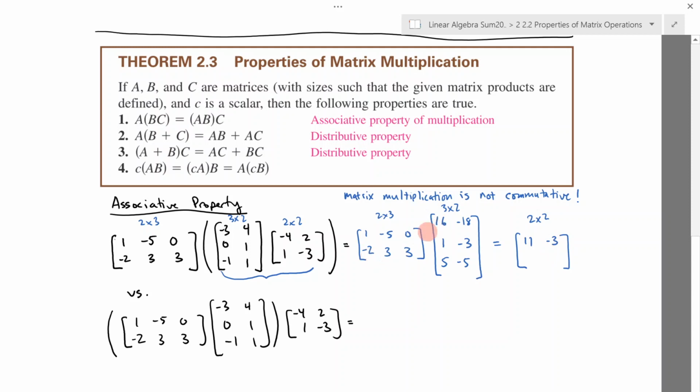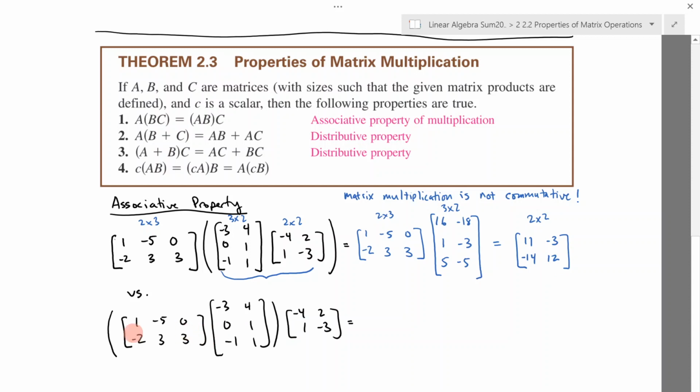This is negative 32, plus 3 is negative 29, plus 15 is negative 14. 36 minus 9 is 27, 27 minus 15 is 12.